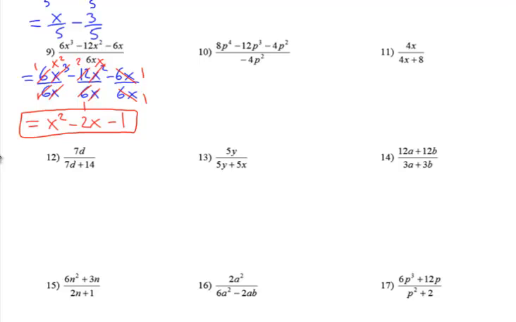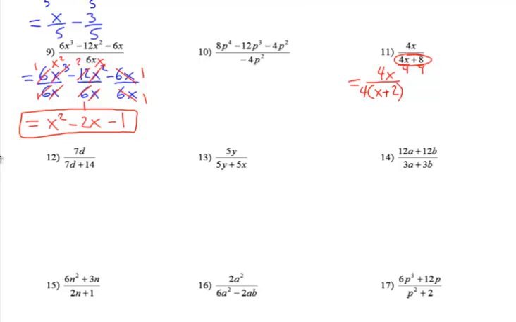So what we want to do in this instance is the first thing you want to do is factor the binomial. So 4x, what's a common factor in this term here? Well, 4x and 4. 4 is going to go into both of those. And when you divide them by 4, it becomes x plus 2.